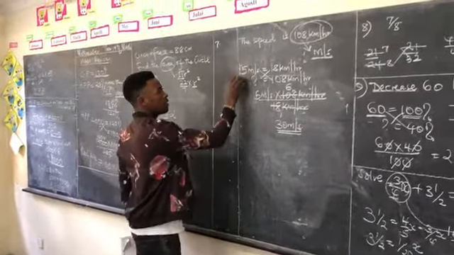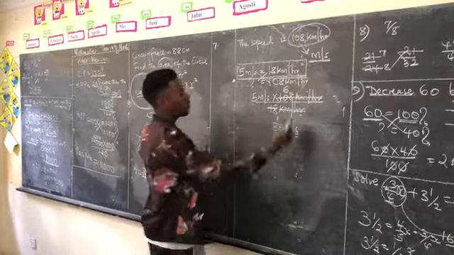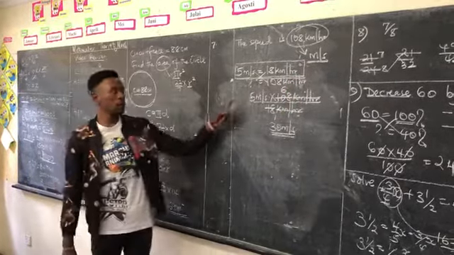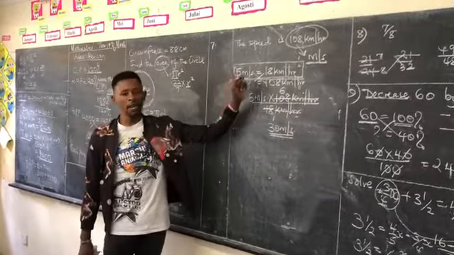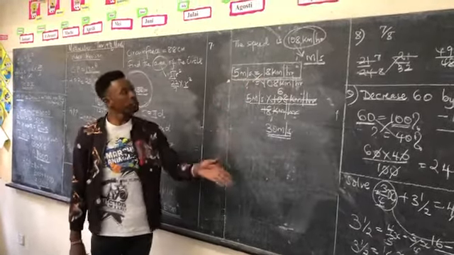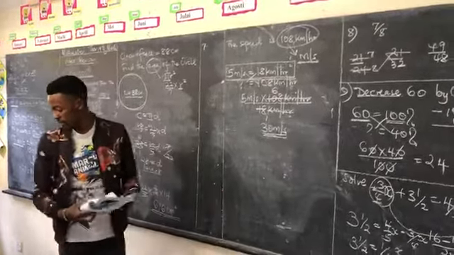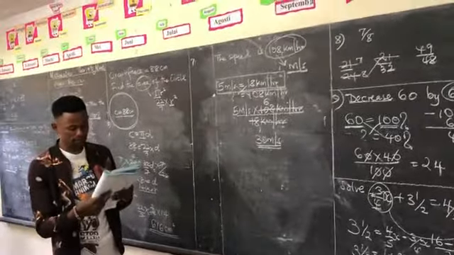I told you, and if you can remember, I even circled this one when I was teaching you, that 5 meters per second is equal to 18 kilometers per hour. So you can convert meters per second to kilometers per hour and vice versa, depending on what you've been asked to.